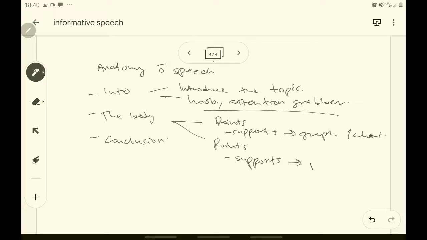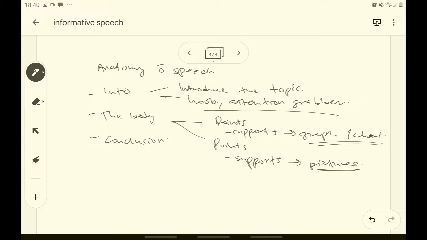Maybe you want to put some pictures. It depends, but usually graphs and charts are more effective, because you can actually locate the source. Pictures can also be good, but graphs and charts provide you with more information. So it will make it strong.